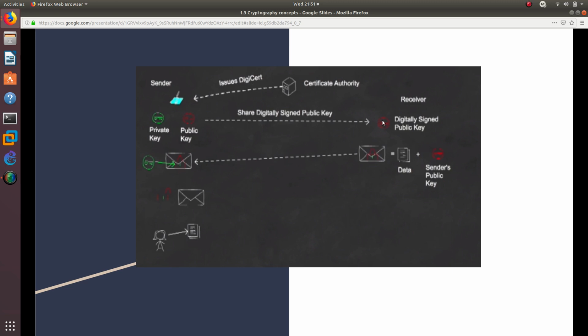The receiver is going to encrypt the data with the sender's public key and send it over. The sender is able to decrypt it with his private key, and then he's able to see his data.